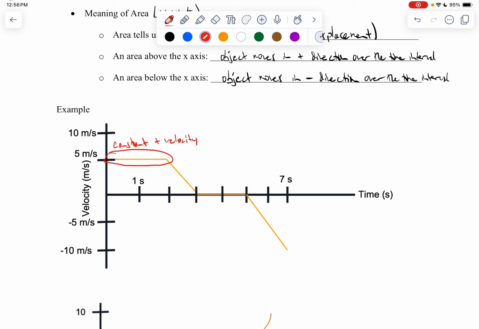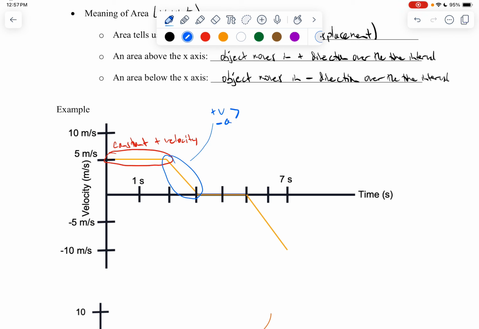For our next section here, we have a case in which our velocity is still positive. We're above our x-axis, but we're going to have a negative slope. So our negative slope means we're going to then have a negative acceleration.